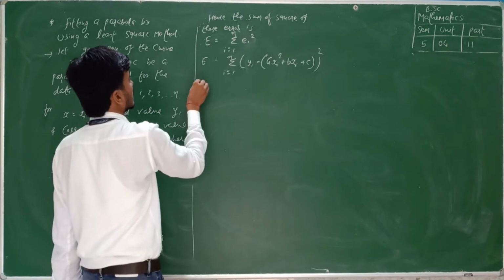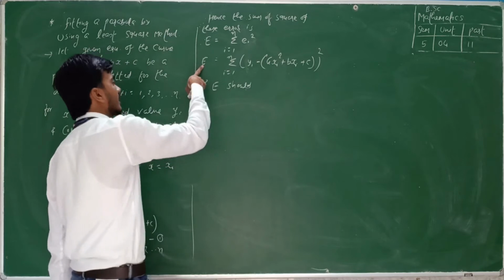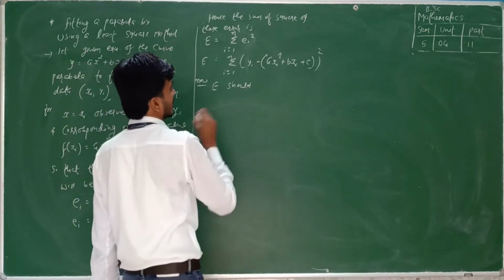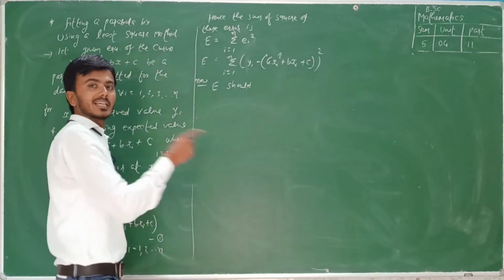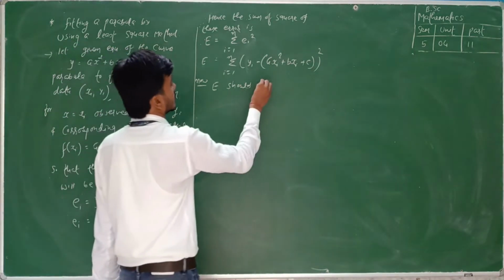Now E should be a minimum, that means all the errors should be minimum or zero. That is when every point lies on the curve, so this is the best fit curve. So E should be minimum.